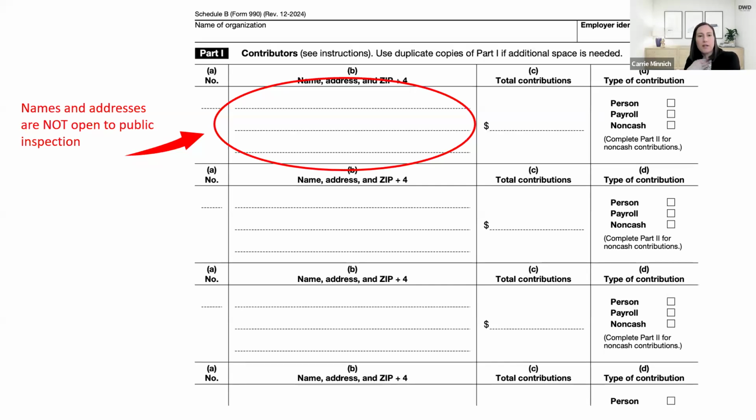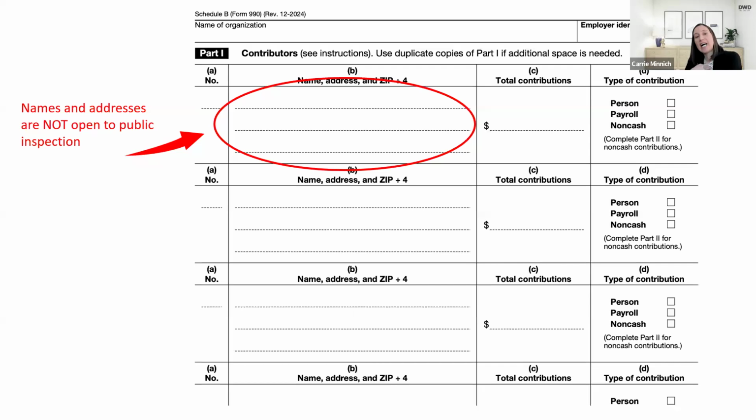So if I were to give a grant to a donor advised fund, say, a donor advised fund that I set up at the community foundation, and then I tell them, let's give $10,000 this year to ABC organization, when ABC organization completes Schedule B, they need to put the community foundation as the donor on this form, not my name. The donation should come from the donor advised fund.